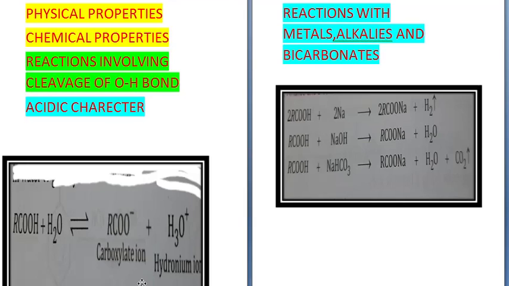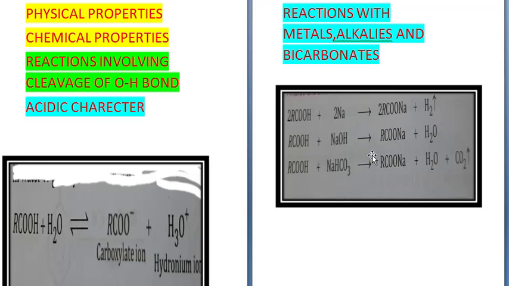Now next is the reaction of carboxylic acid with metals, alkalis and bicarbonates. When RCOOH reacts with metal, suppose sodium, the hydrogen will get replaced by the metal. So you get 2RCOONa plus H2. Similarly, when RCOOH reacts with NaOH, you will get RCOONa plus H2O.